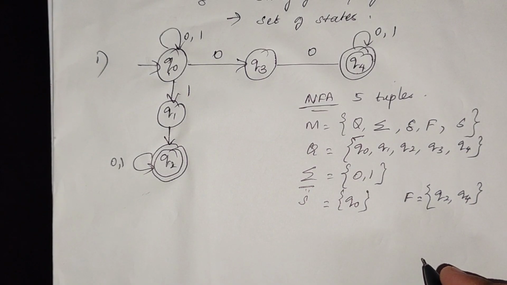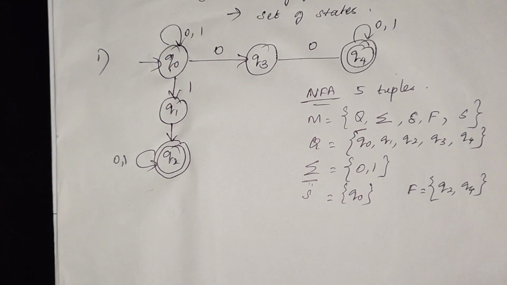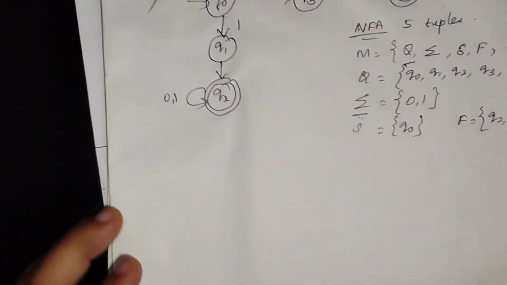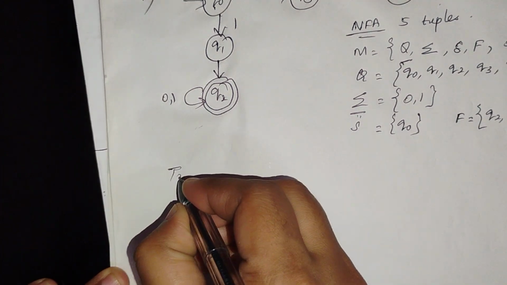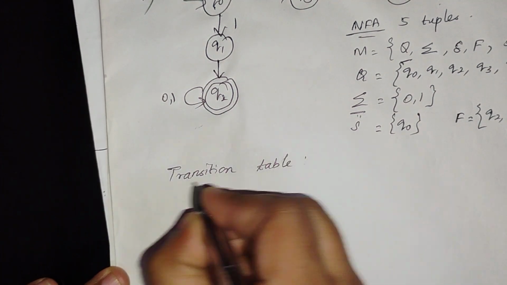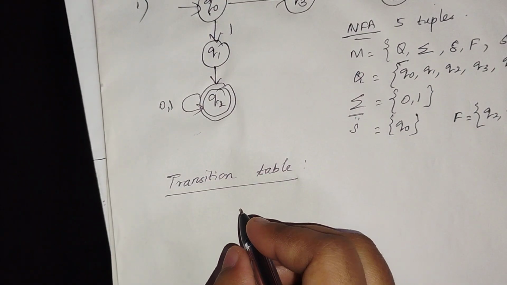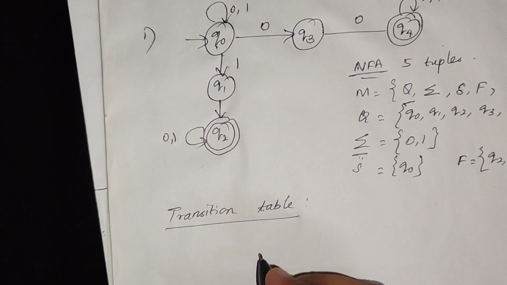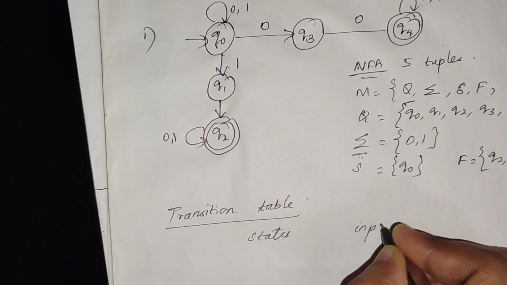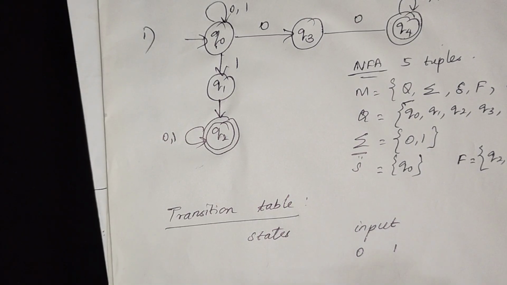Then delta is the transition function. From this we can draw the transition table. The transition table is the table constructed from this diagram. It has states and inputs, the inputs being 0 and 1.